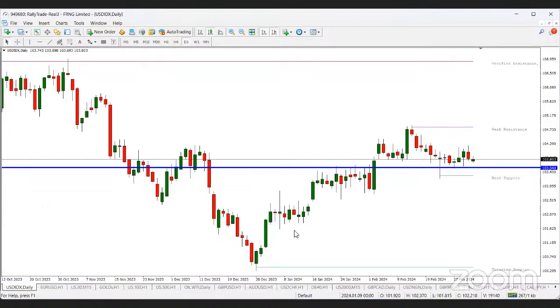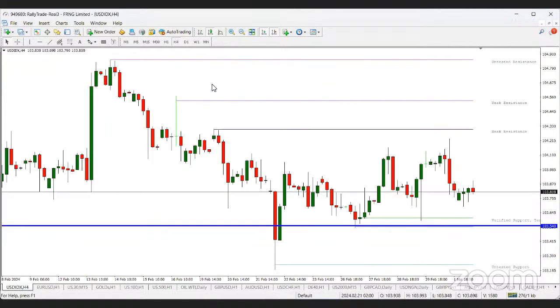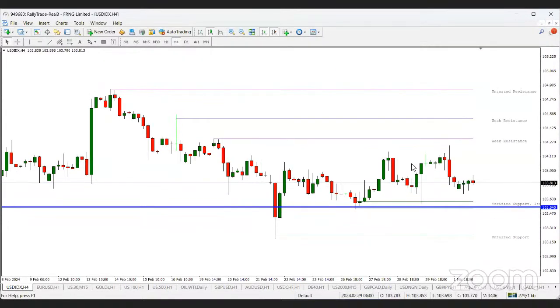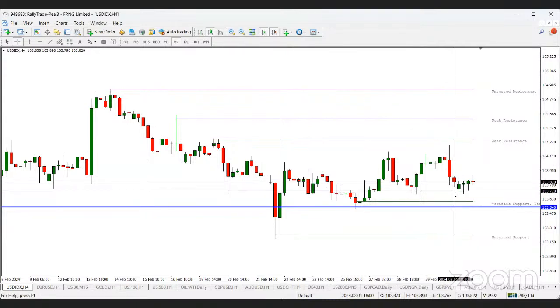We said that the dollar index had been pushing up, but it broke that bullish structure when it traded lower than the last low. So there's bearish pressure in the market. But that said, it has sold so much, and this place where it is now is a support zone.